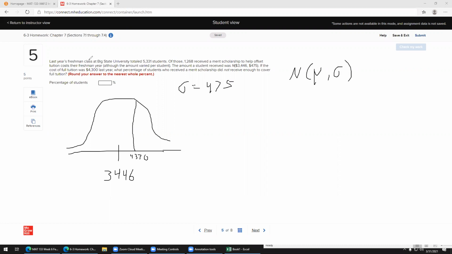Let me make sure I'm reading that correctly. Oh, so this is the average of the scholarship. So what they're asking for is this percentage in here.